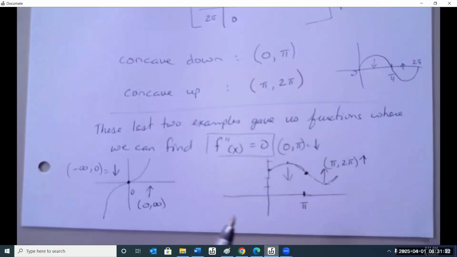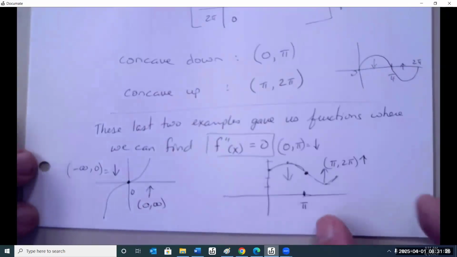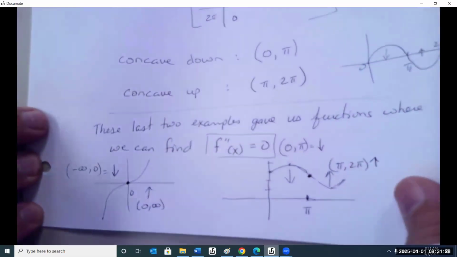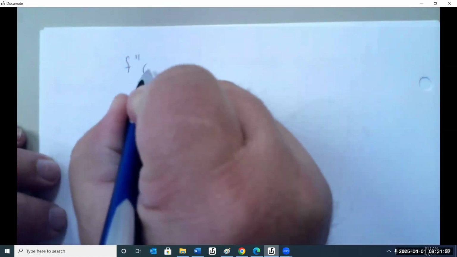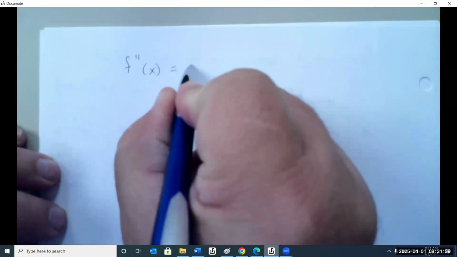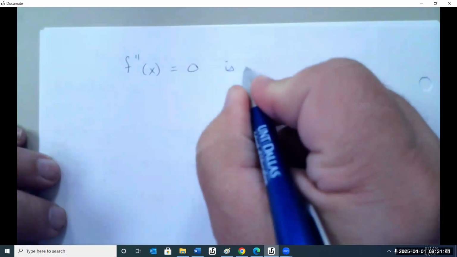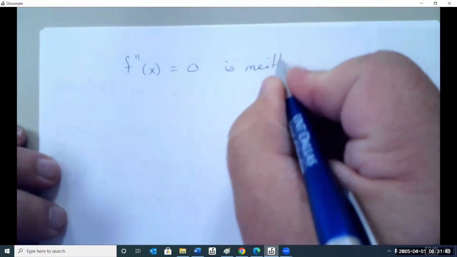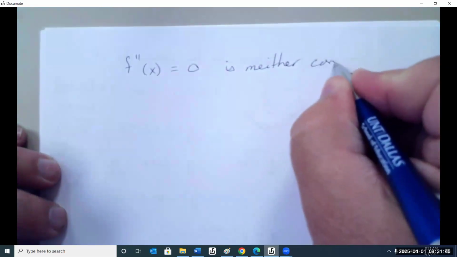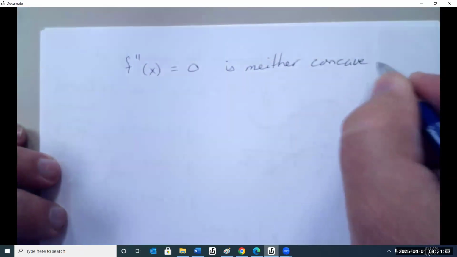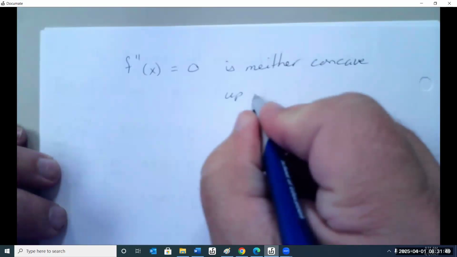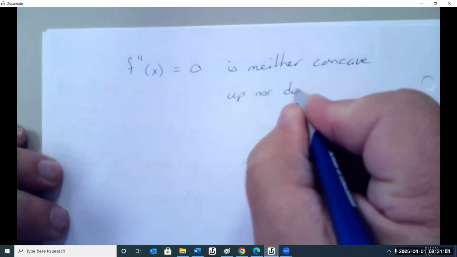Is it positive or negative? It's neither concave up nor down.